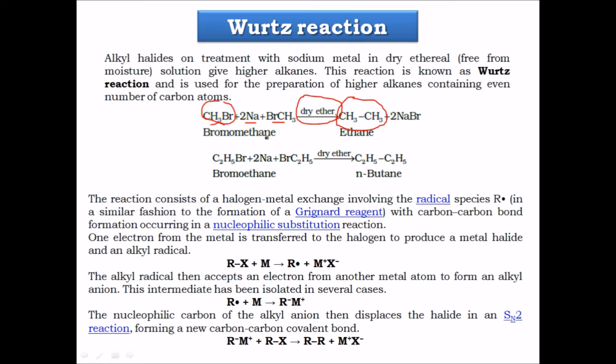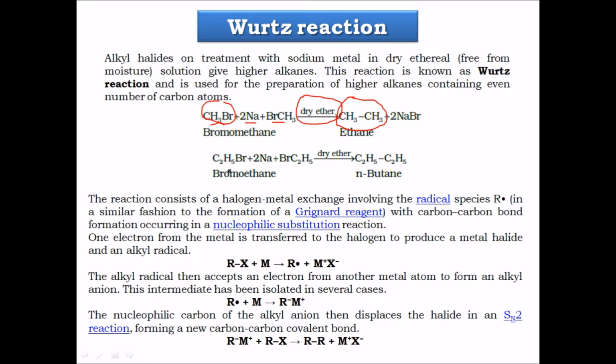Relating the number of carbon atoms in the alkyl halide and the ethane, it is a 1:2 ratio: an alkyl halide with 1 carbon gives an alkane with 2 carbons. So the alkane obtained in the Wurtz reaction has double the number of carbon atoms compared to the alkyl halide. That's the reaction called the Wurtz reaction.